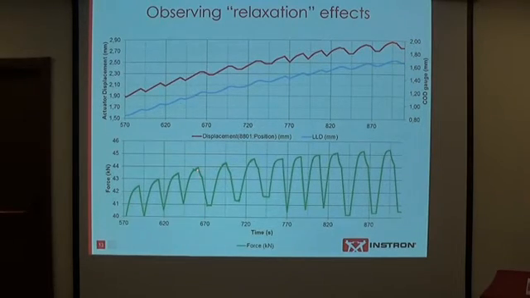Then once we see the deliberate lag, the deliberate relaxation, you can see how the load is dropping off here. It's tailing back down. And you see a similar thing over here with the deliberate relaxation.